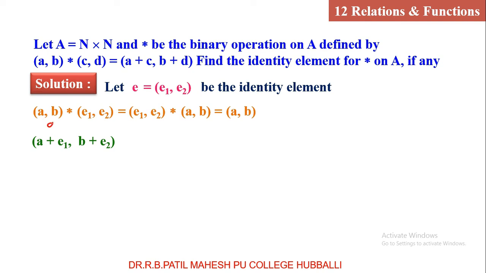This is a star e is equal to e star a must be equal to a itself. But in place of a, what we have? An ordered pair (a, b). In place of e, we have an ordered pair (e1, e2).